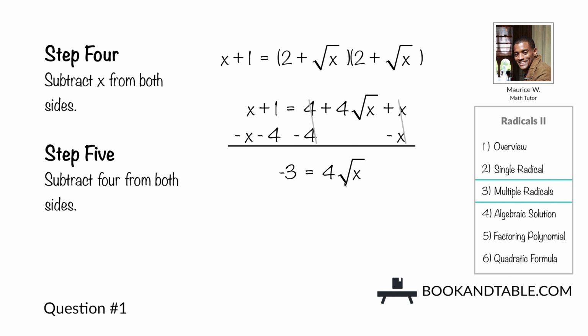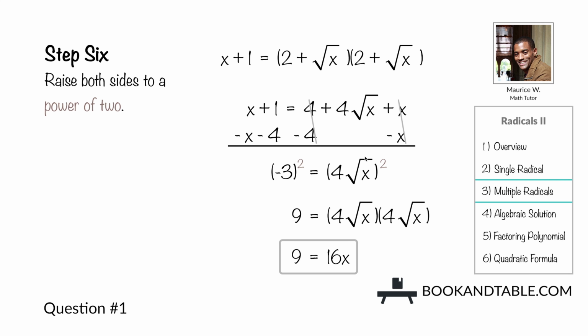And now we want to raise both sides to a power of 2 to get rid of this radical sign. So step 6, raise both sides to a power of 2. Negative 3 squared is equal to 9. 4 radical x squared is 4 radical x times 4 radical x, which would be 4 squared, which is 16. The square root of x times the square root of x is x.